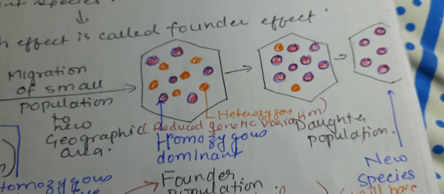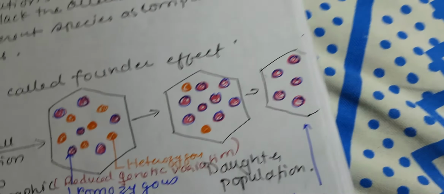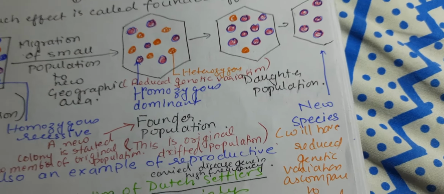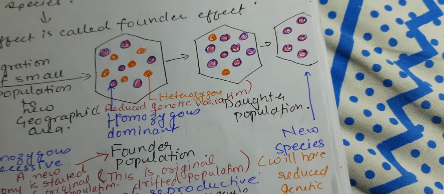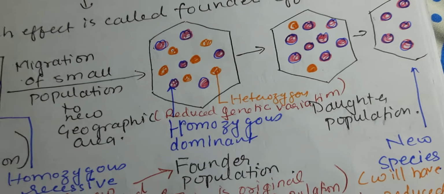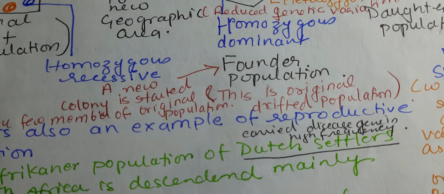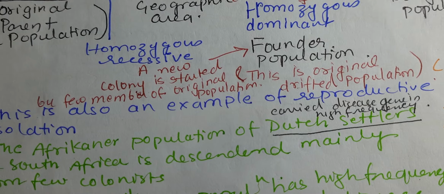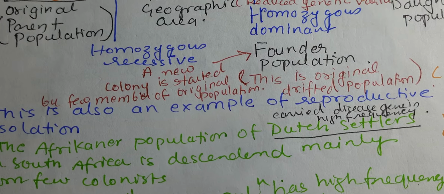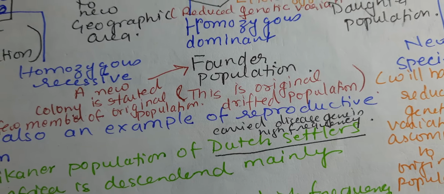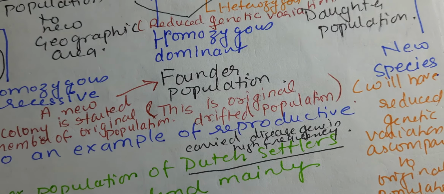Because in the subsequent generation certain homozygous are deselected. So the ones which are not dominating are deselected. So founder population is the new colony started by a few members of the original population.